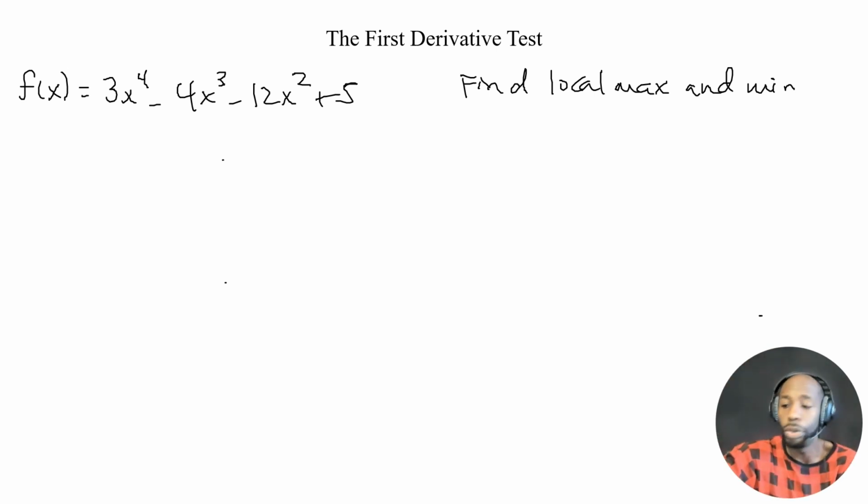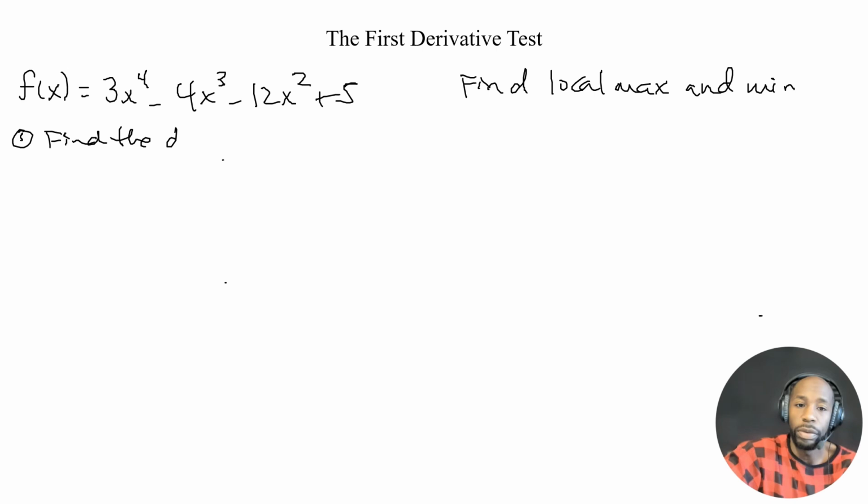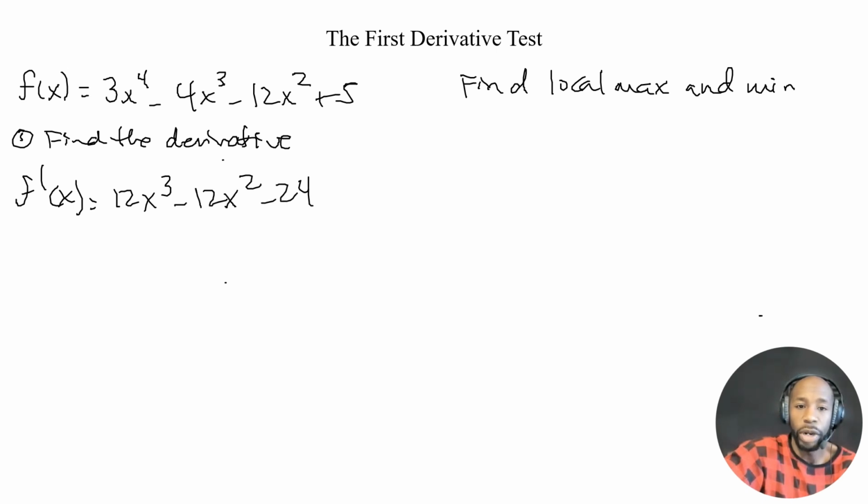So step number one, find the derivative. That's f prime of x equals 12x cubed minus 12x squared minus 24x.